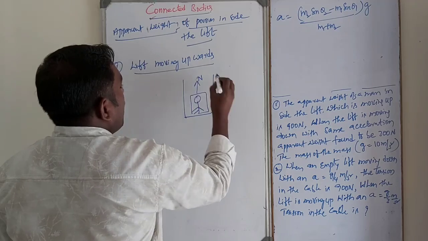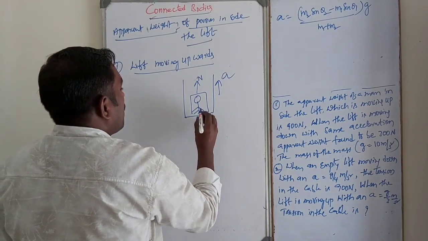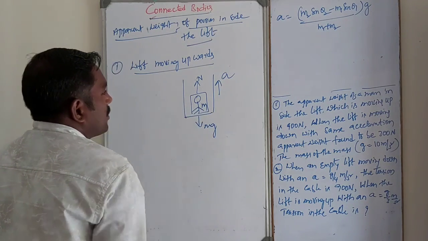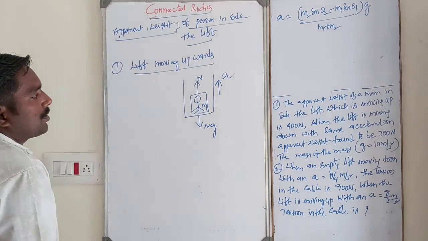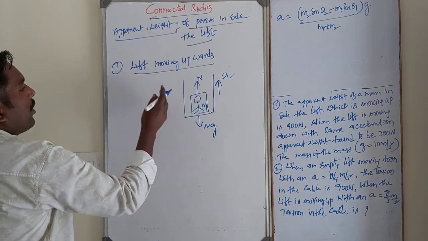This is the normal reaction. The lift is moving upwards, so the acceleration will be upwards. The weight of the body, suppose of mass m, mg, will be downwards. When the lift moves upwards, the normal reaction or weight of the body is high.